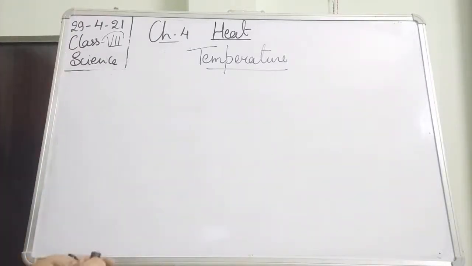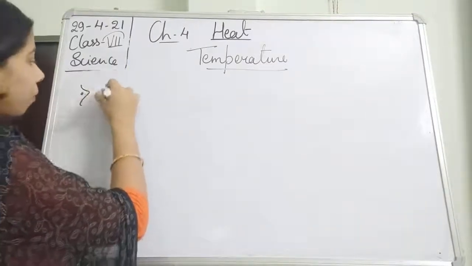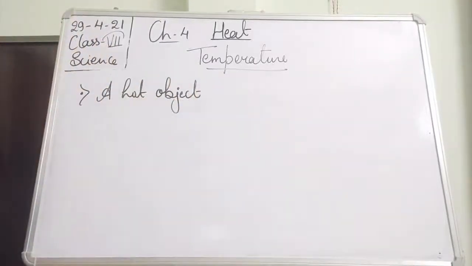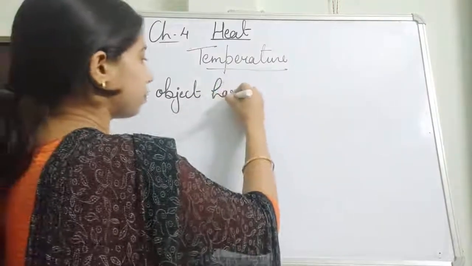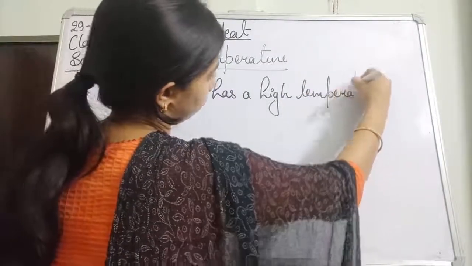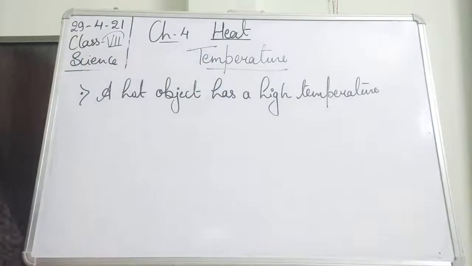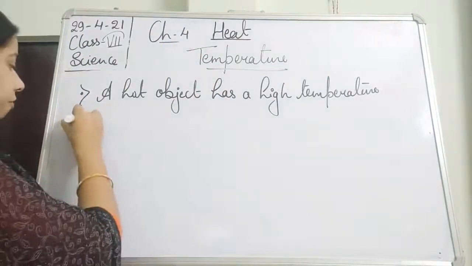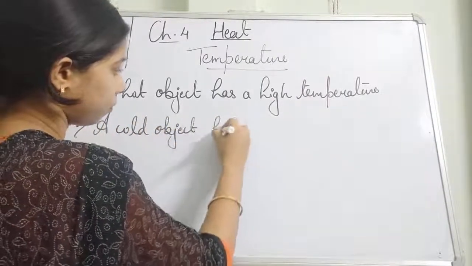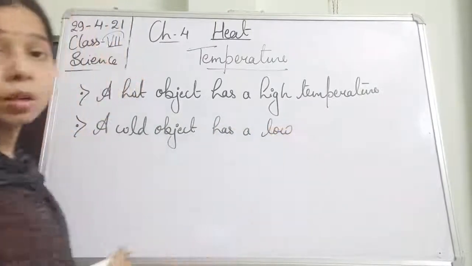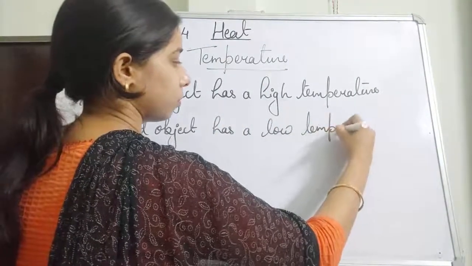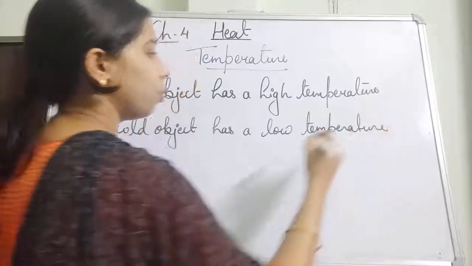So we can write it here that a hot object has a high temperature, whereas a cold object has a low temperature.